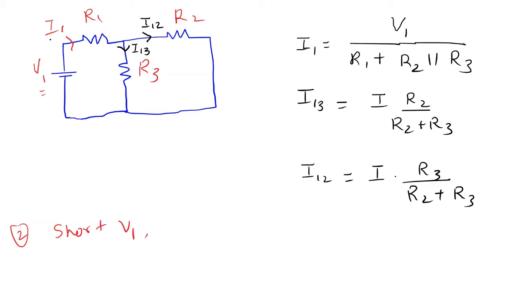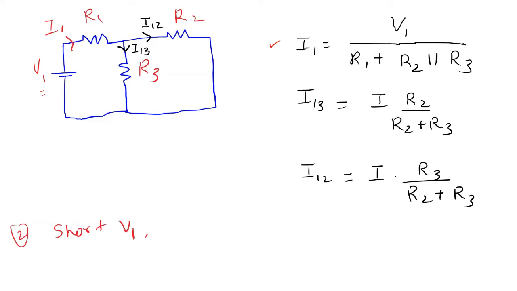Once you have this, let's say I1 is the current due to voltage V1. When it is split, let's say the current flowing through R2 due to V1 is I12, and the current flowing through R3 due to V1 is I13. You have already calculated I1, and again we use the current divider rule to calculate I13.